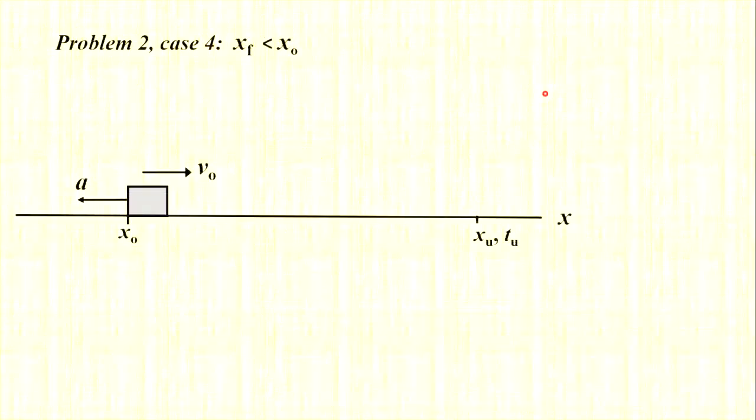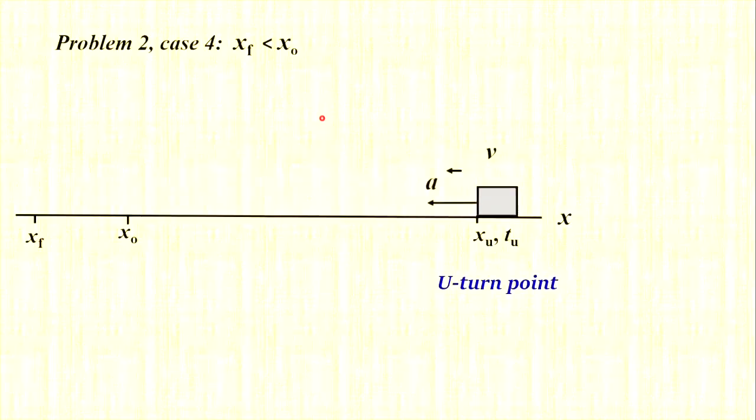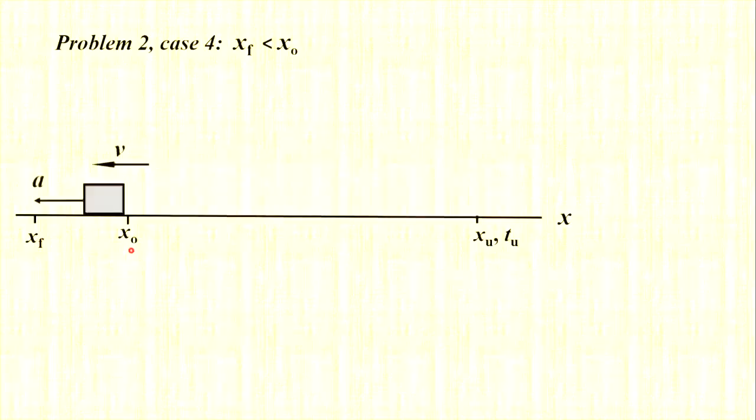Now we consider case 4, the last case, where the point of interest is located to the left of the initial point. In this case, the motion of the object is as follows. It moves to the right, then to the left, passes the initial point, and arrives at the point of interest at some moment of time TF1.